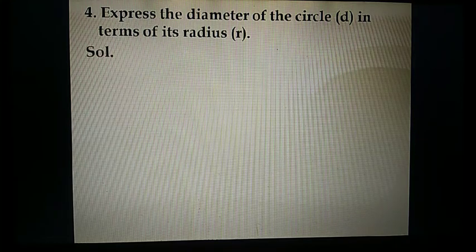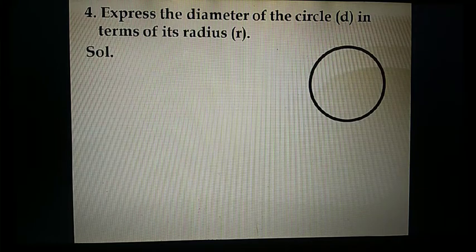Now let's take figure of circle. Here this one is a circle with a center. We will draw a line which will join 2 points on the circle and will pass through the center. This is the diameter. We will express it by D as it's given in the question.